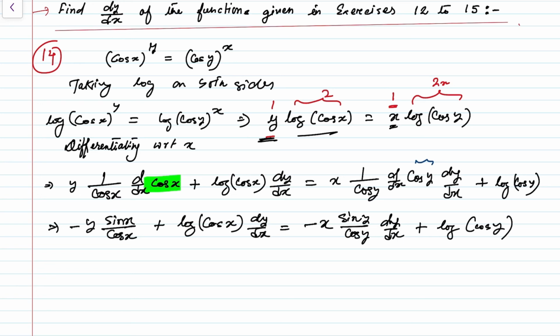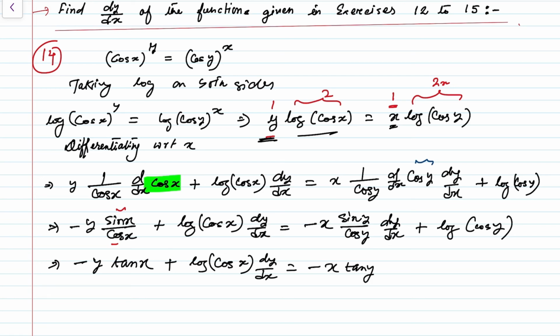I hope you have understood this. So here minus y tan x, because we know sin x by cos x is tan x, plus log of cos x dy by dx, equals minus x tan y dy by dx plus log of cos y.